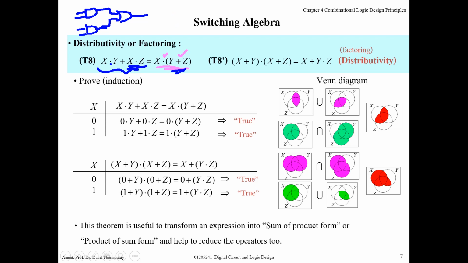So based on this one, y, z together, and then AND x, then we get the same result, but use fewer logic gates.